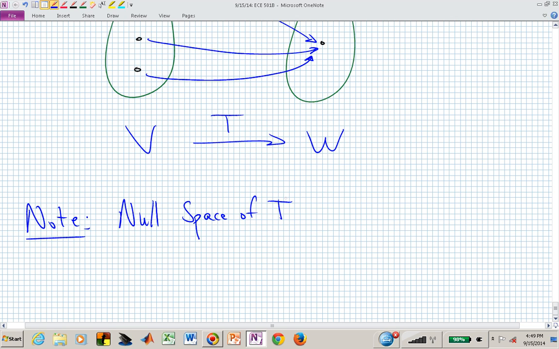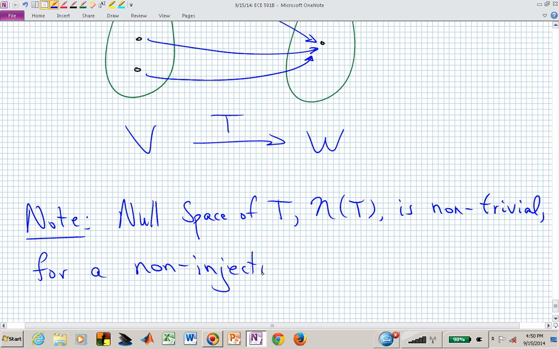The null space of T is non-trivial for a non-injective map.